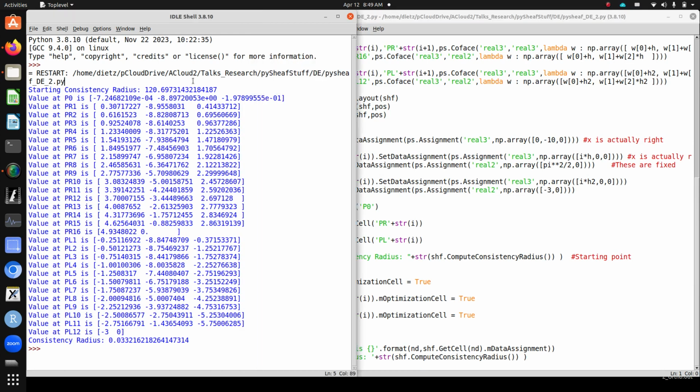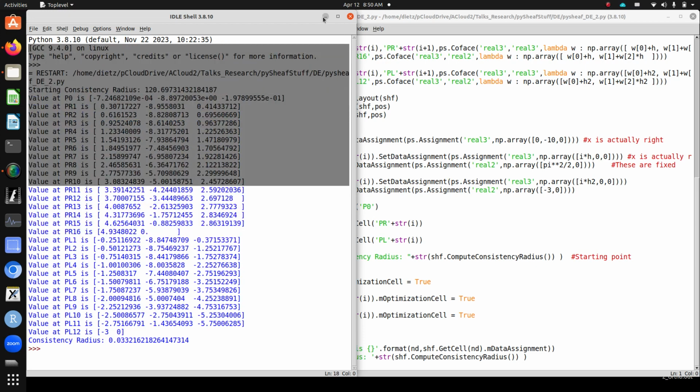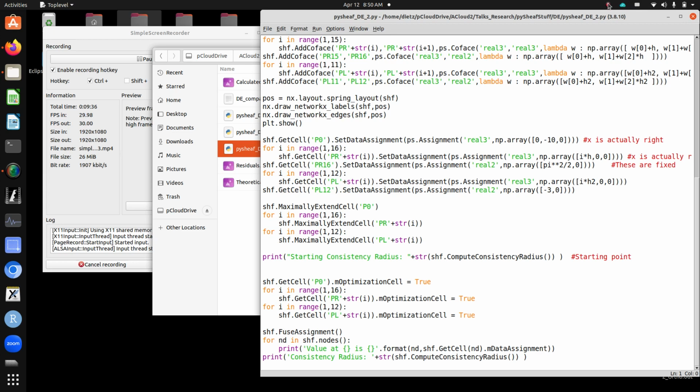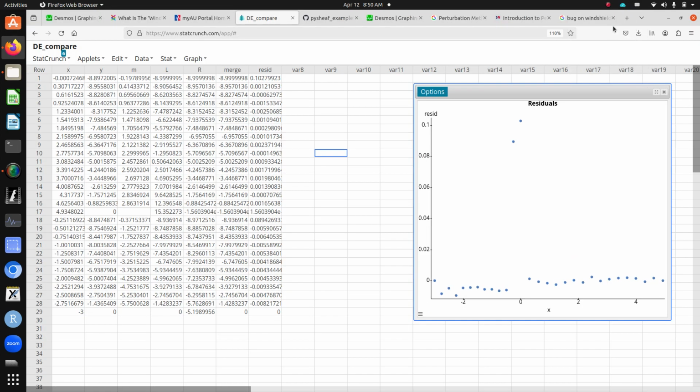So now I'm going to look at these results. I'm going to dump them into some kind of graphical software and see how bad my results were. Okay, this is StatCrunch. It's a piece of student software. It is not very robust, but I use it all the time because it's easy for me to pull up on my computer.